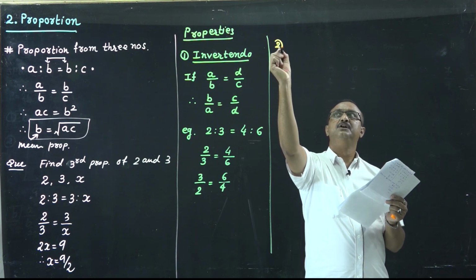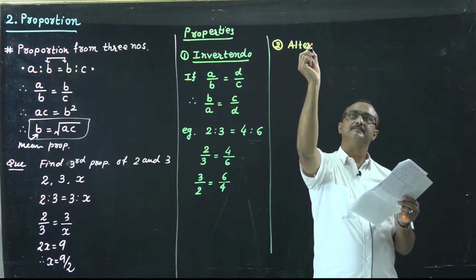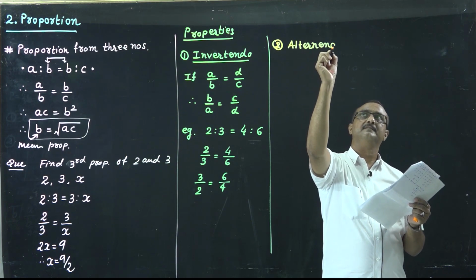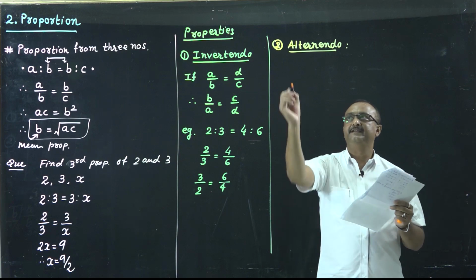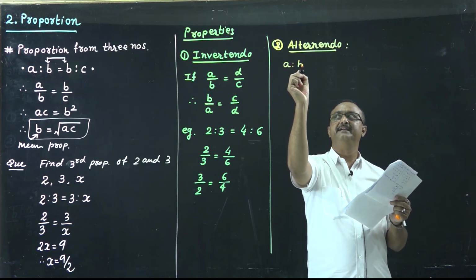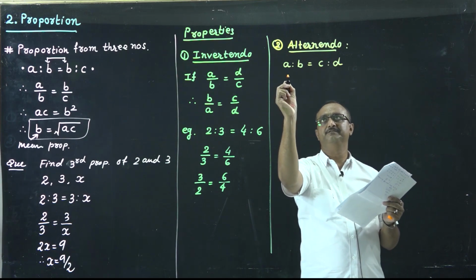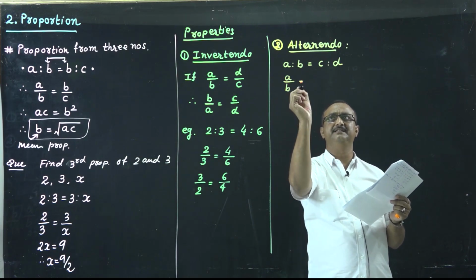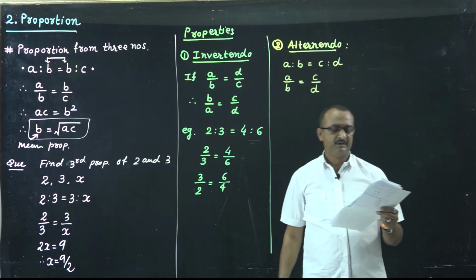Now number 2 is alternando. Alternando, if A is to B is equal to C is to D is given, so we can write A upon B is equal to C upon D. Okay.